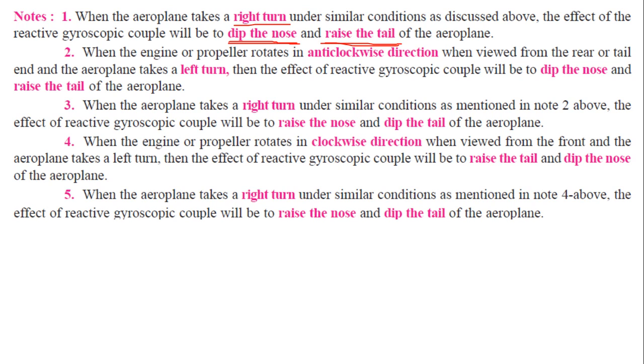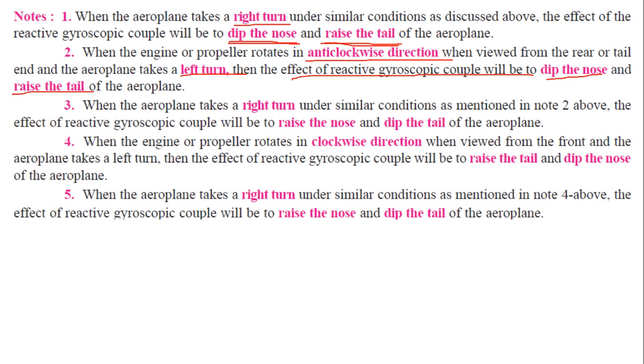Okay, then when the engine or propeller rotates in the anti-clockwise direction, this is about the opposite direction. When viewed from the rear end and the aeroplane takes a left turn, the effect of the reactive gyroscopic couple will be dipping the nose and raising the tail. Okay, so this is when the direction is anti-clockwise.